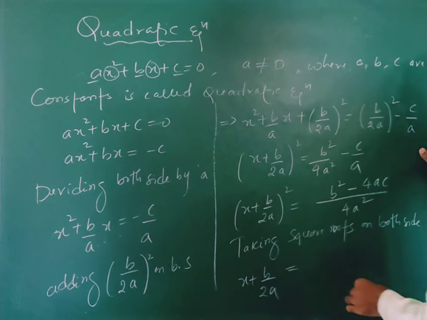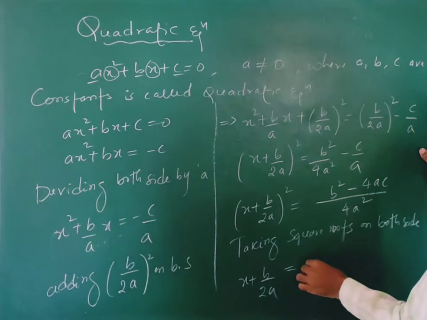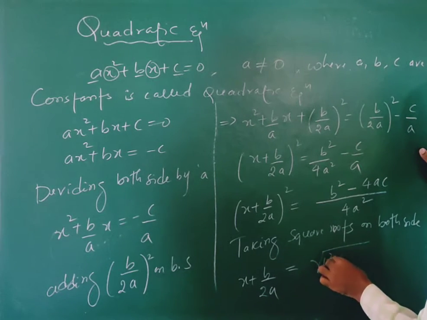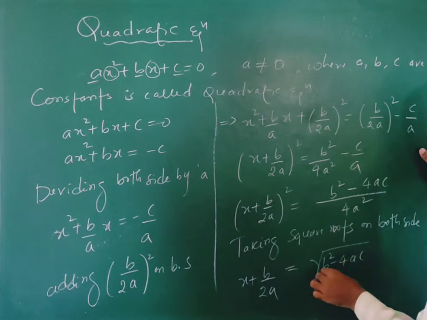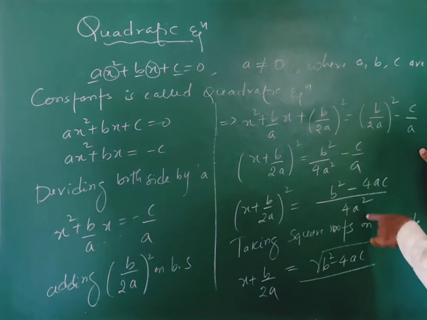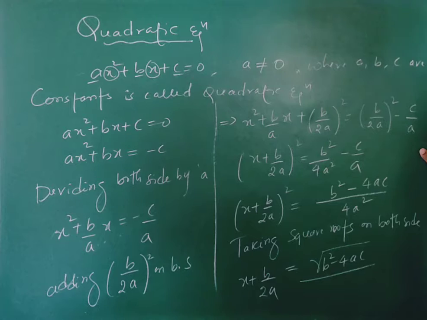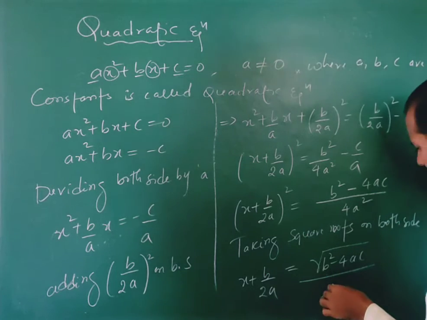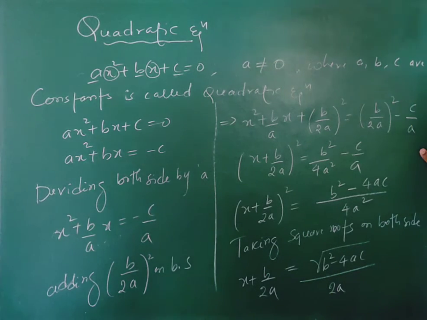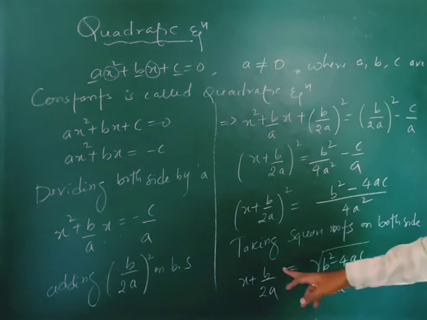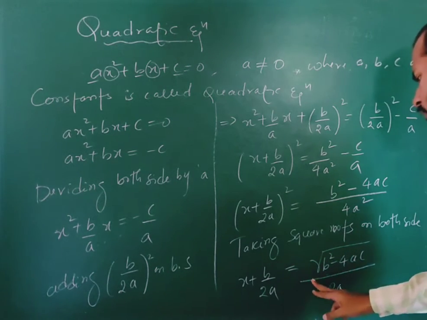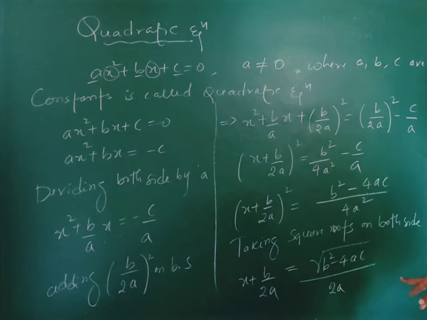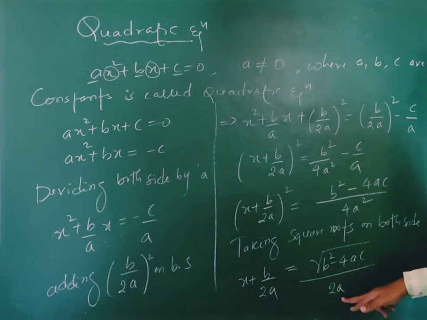In the RHS, what we get here, under root of b square minus 4ac upon, after taking root, what we get outside, it is 2a, right? X plus b by 2a, which is equals to under root of b square minus 4ac by 2a, right?